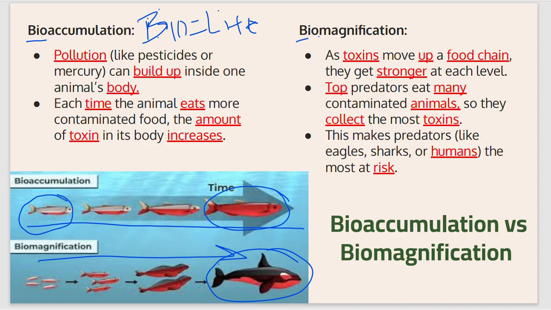And because they have to eat so many living organisms below them, that toxin magnifies or becomes even stronger. So top predators eat many contaminated animals, so they collect the most amount of toxins. This makes top predators, tertiary consumers such as eagles, sharks, humans, bears, these tertiary top dogs, most at risk for biomagnification.